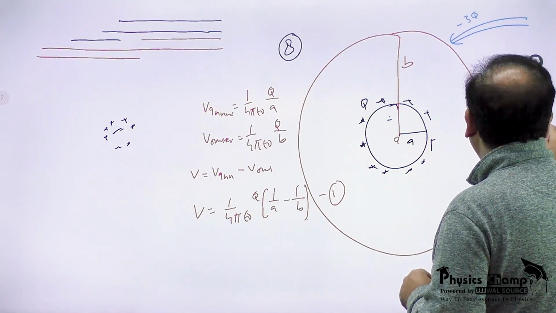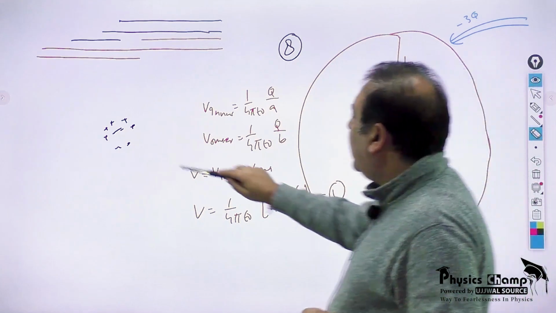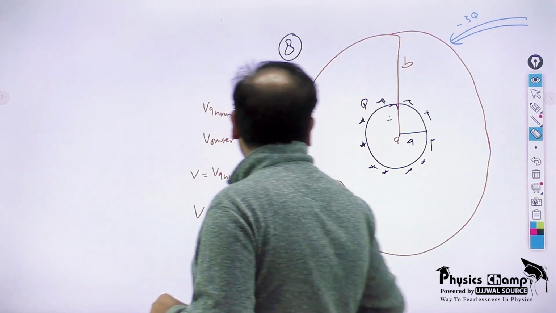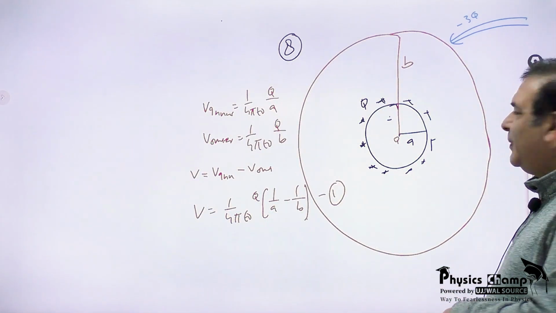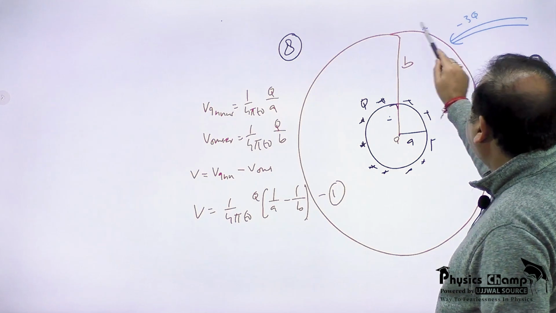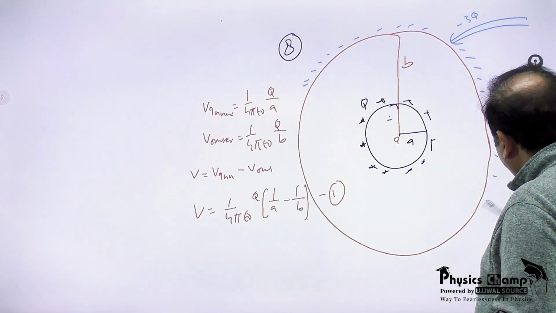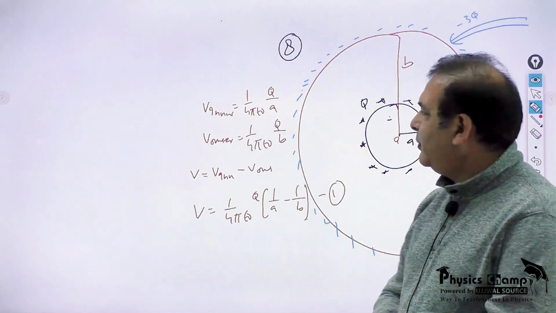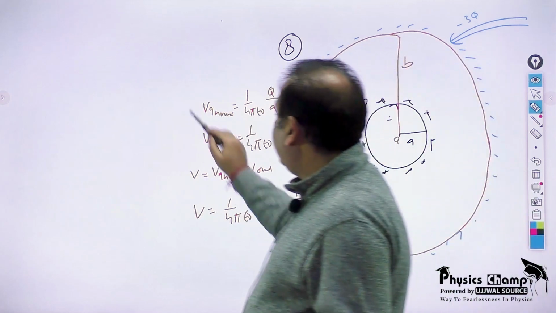Just imagine that we are supplying a charge minus 3Q on the outer shell. What will be the impact? What will be the new potential on the inner shell and outer shell?